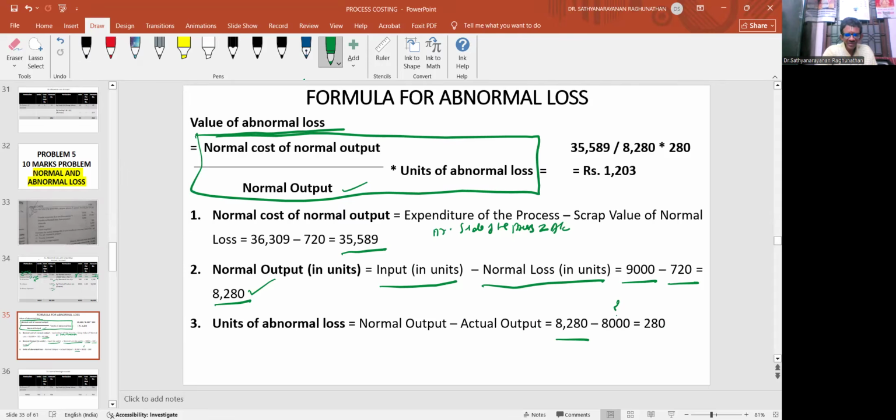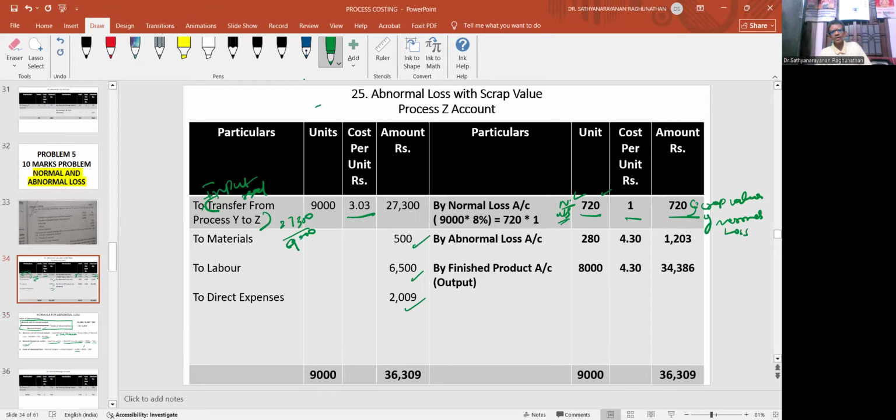All of you listen please. Come to the main workings of the problem. Here we have completed the debit side fully, and then the credit side, the normal loss. After normal loss, sequentially abnormal loss will be in the credit side of the process account.